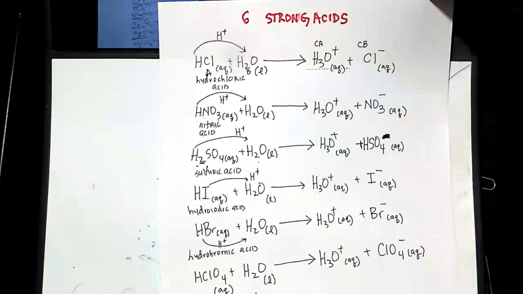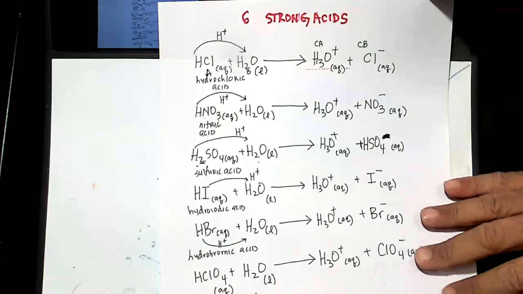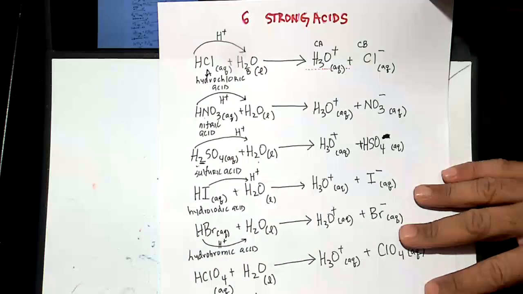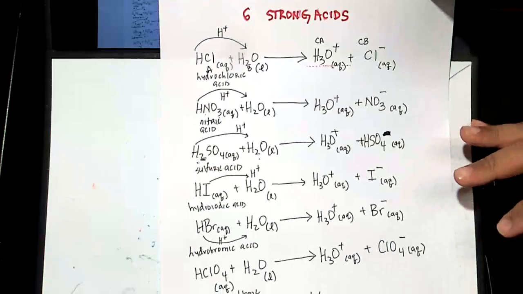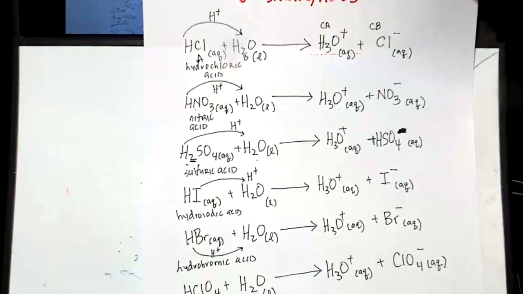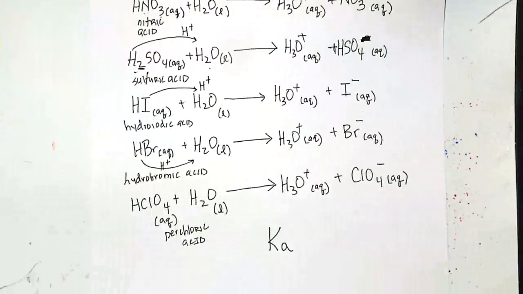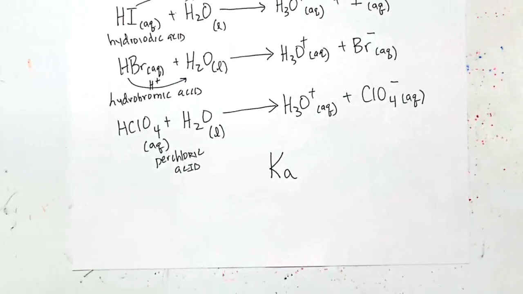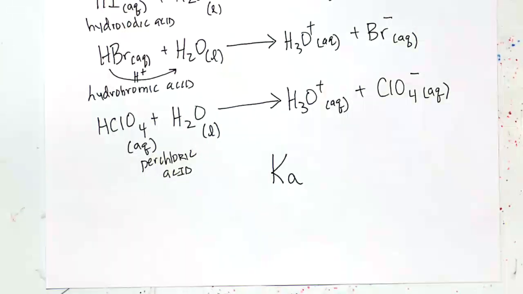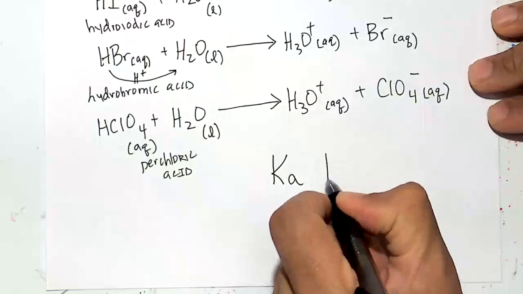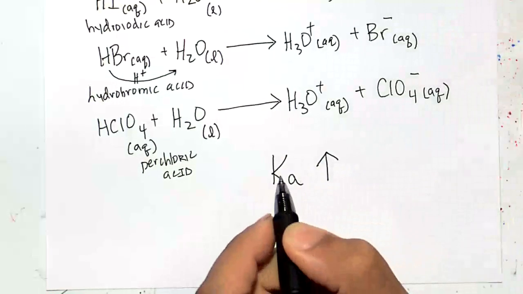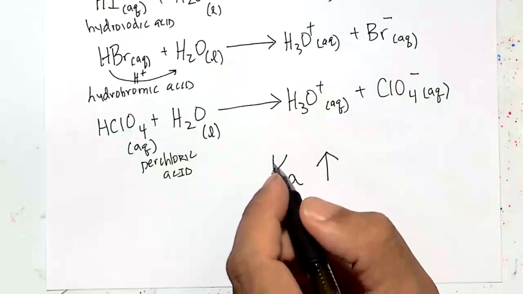Number two, when we talk about the strength of an acid, it is determined by Ka, which is products over reactants. Ka is the acid equilibrium constant. These have a very high Ka.